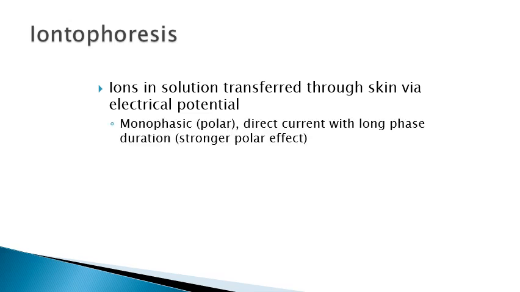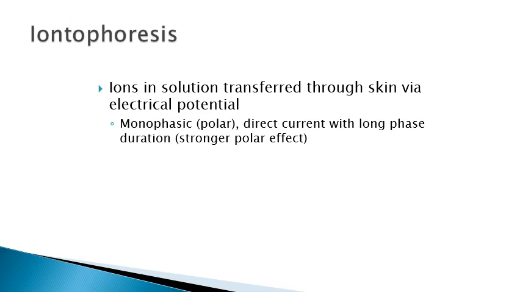This is a monophasic, but it's also a direct current. Really the most common direct current that we use in athletic training settings is going to be iontophoresis, because the only other real application of pure direct current, meaning that the current stays positive or negative and is just continuously on the entire time, is for denervated tissue, which we don't deal with a whole lot.